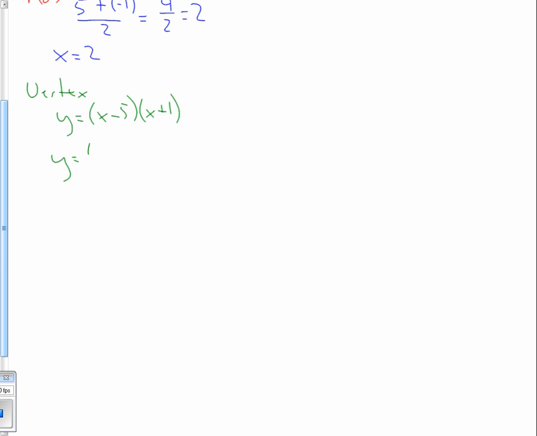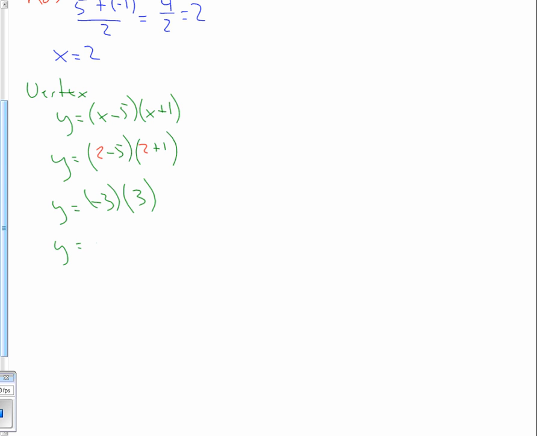That tells me (2 - 5)(2 + 1). According to the rules of BEDMAS, I can simplify things in brackets first. So 2 minus 5 is negative 3, and that's multiplied by positive 3.